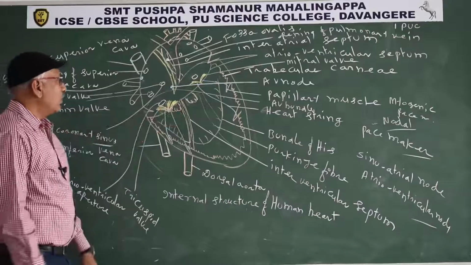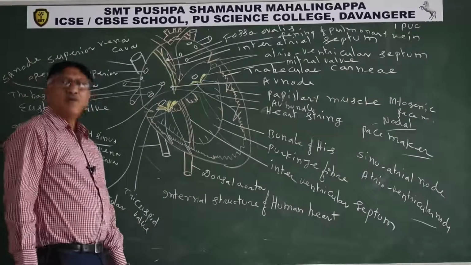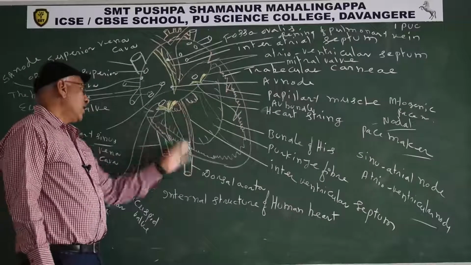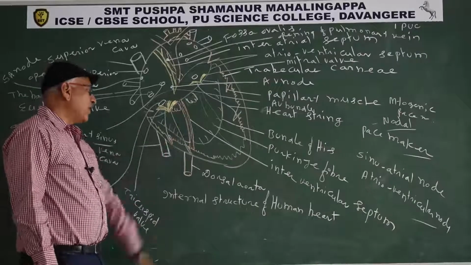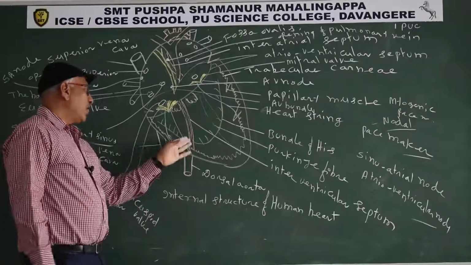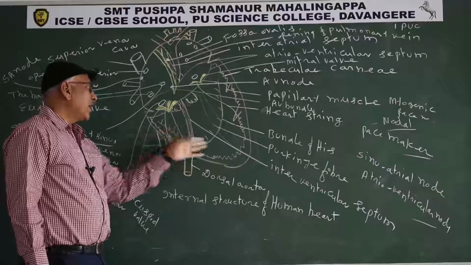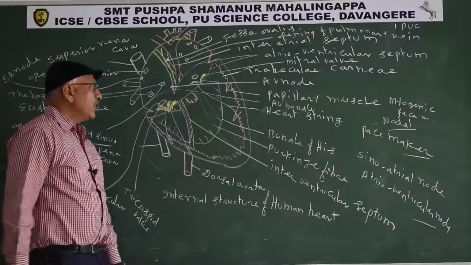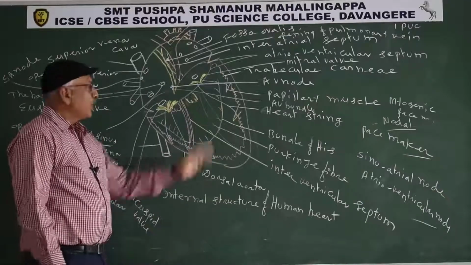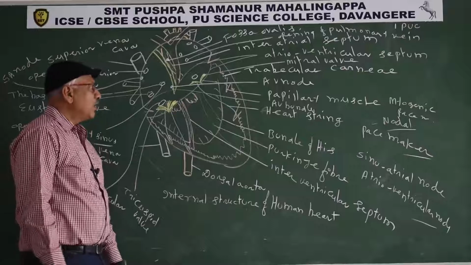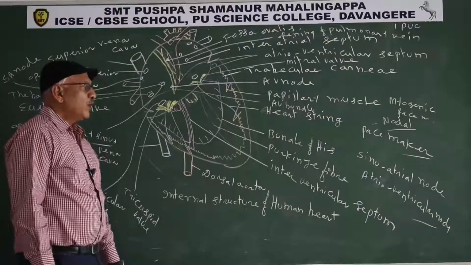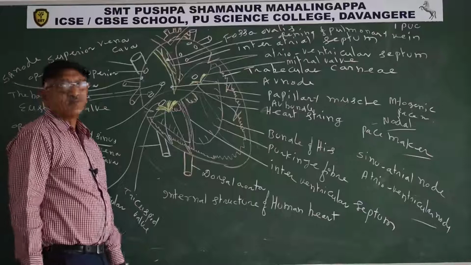In the interventricular septum, the AV bundle forms two branches: the right bundle of His and the left bundle of His. The right bundle of His goes into the right ventricle, and the left bundle of His goes into the left ventricle. The fine branches arising from the bundle of His are known as Purkinje fibers.